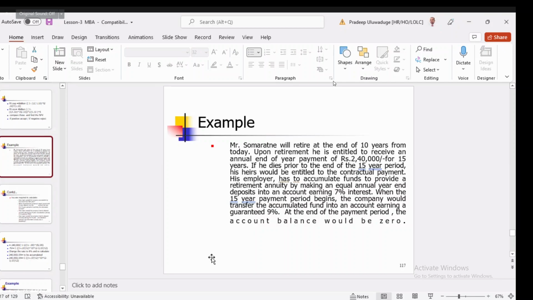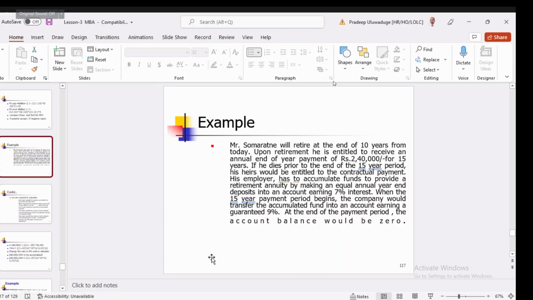Mr. Somaratna will retire at the end of 10 years from today. Upon retirement, he is entitled to receive an annual end of year payment of 240,000 for 15 years. If he dies prior to the end of the 15-year period, his heirs would be entitled to the contractual payment. His employer has to accumulate funds to provide a retirement annuity by making an equal annual year-end deposit into an account earning 7% interest.